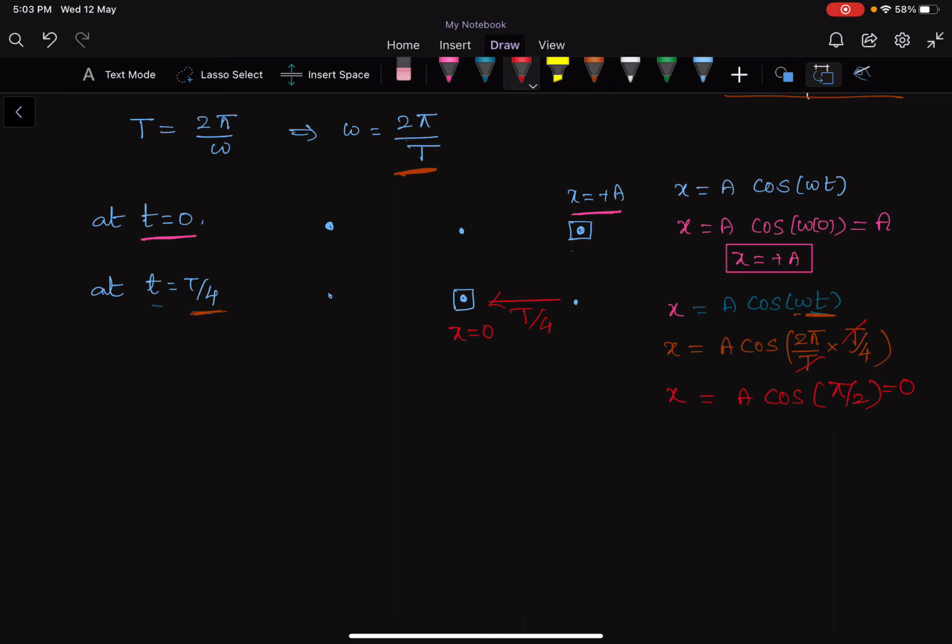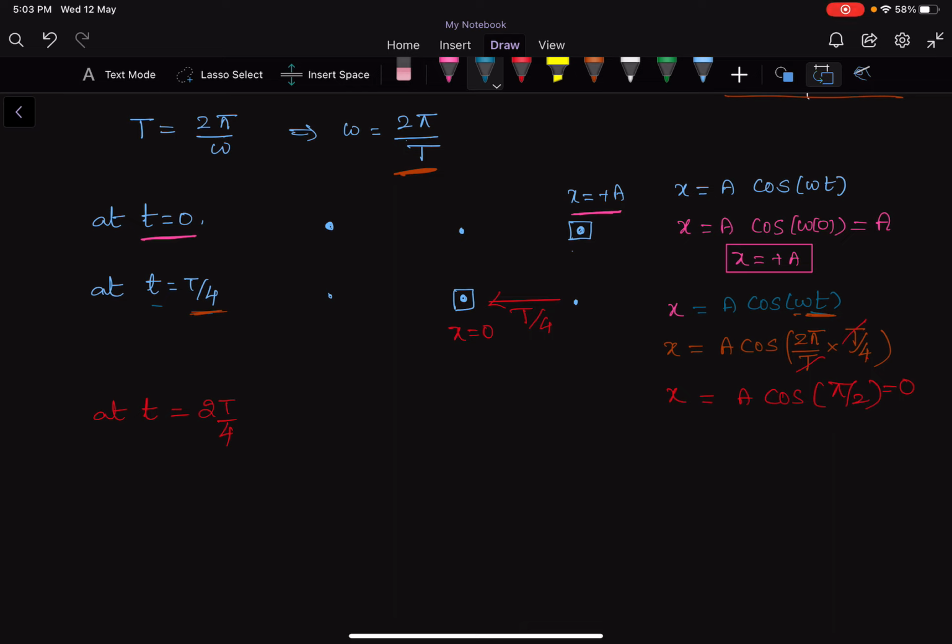Now after T by 4 seconds again, at t equal to 2T by 4, T by 4 plus T by 4, we will see where the particle is exactly.